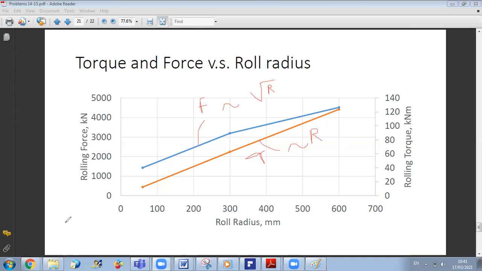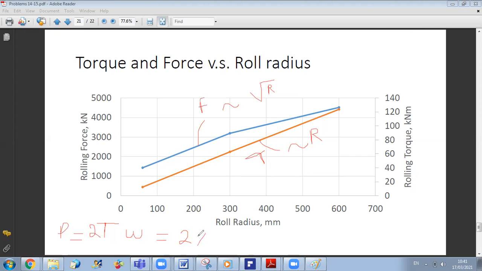We know that the power P is defined as the torque times the angular velocity. The total torque, meaning 2T, for each roll I have T, so 2T times omega. Now, if we replace T and omega by their values, we have seen that the expression of the torque, for each roll, is 0.5 FL.